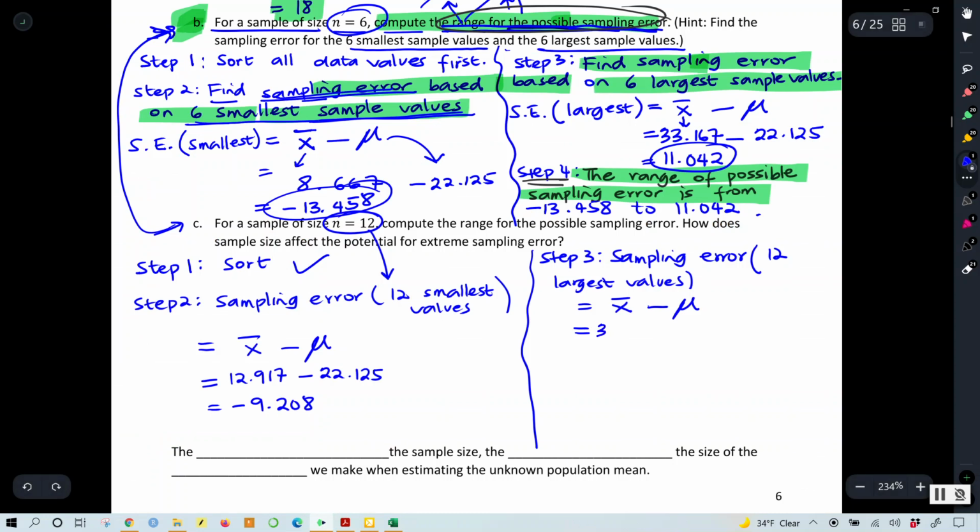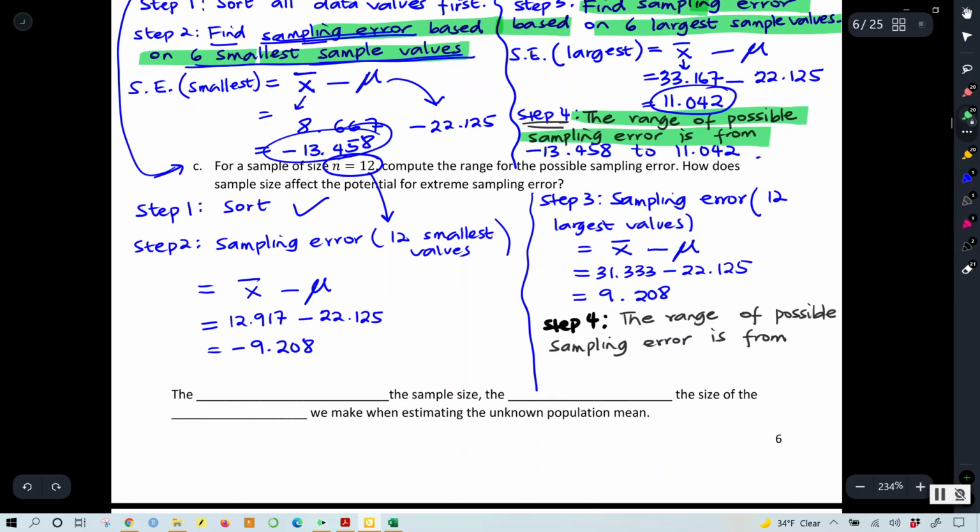So that will be 31.333 minus 22.125, which is equal to positive 9.208. My step 4 is to state the answer: the range of possible sampling error is from negative 9.208 to positive 9.208.